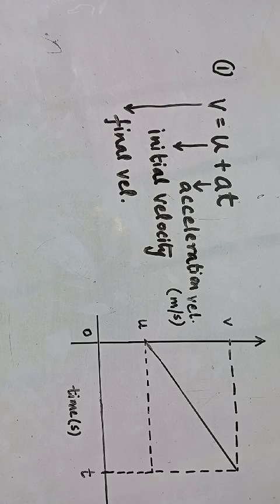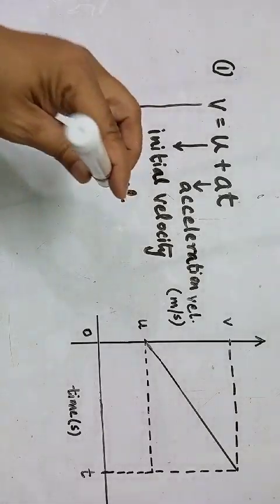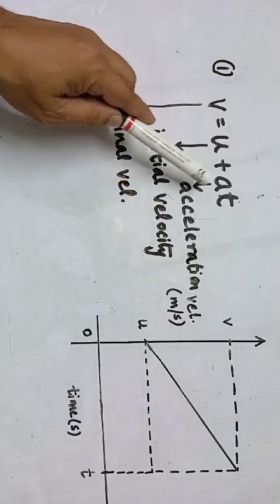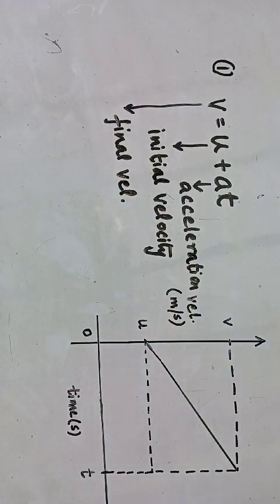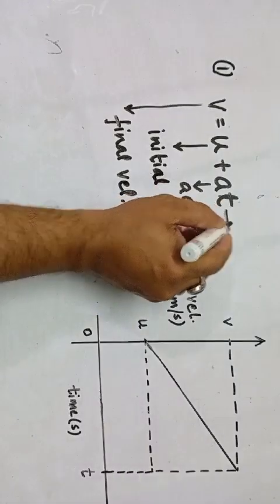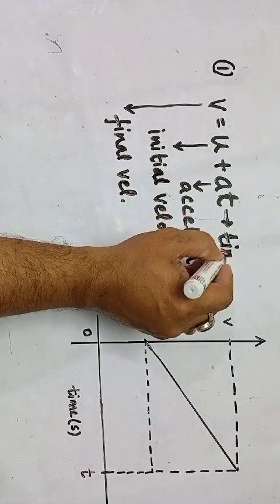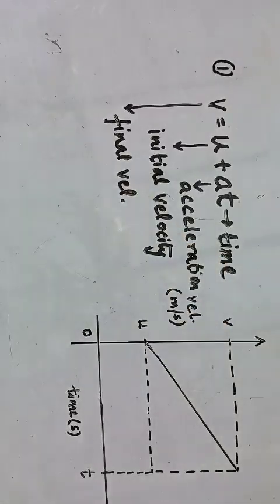The only change when it's a vertical motion is that this a becomes small g, which is acceleration due to gravity. The reason for the acceleration is different, but overall a and g are accelerations. And t, obviously you all know, is time during which this motion has taken place.